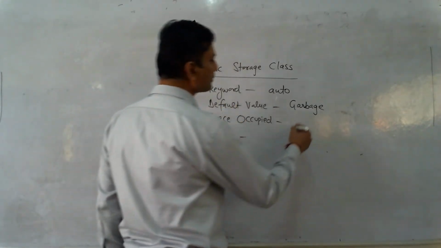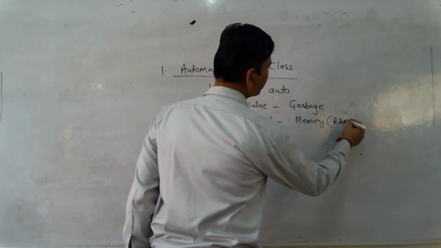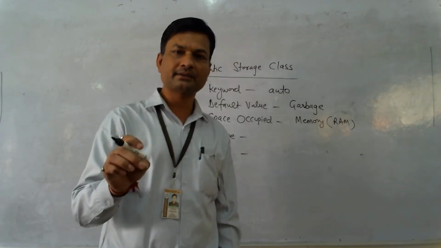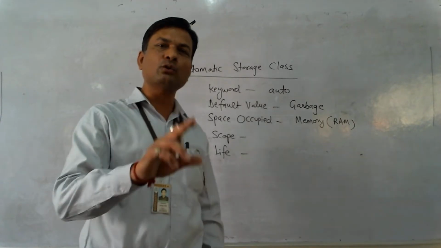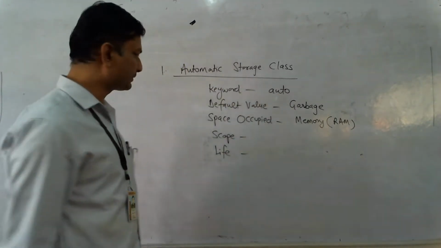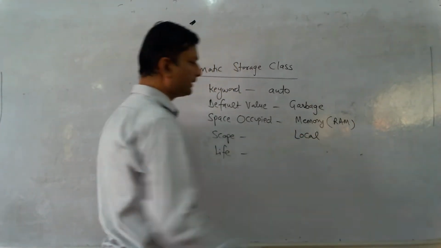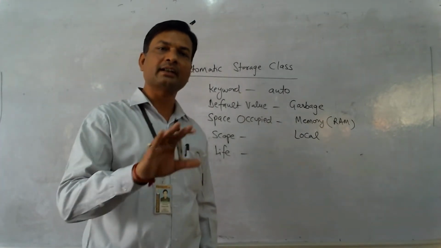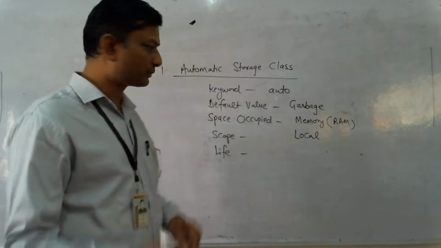This variable will occupy space in memory. Memory means RAM. Suppose we have declared a variable of type int belonging to automatic storage class, then it will occupy 2 bytes of space in memory and its default value is garbage. Scope: its scope is local, means we can access the variable in the block in which it is declared. Outside the block, that variable cannot be accessed or used.